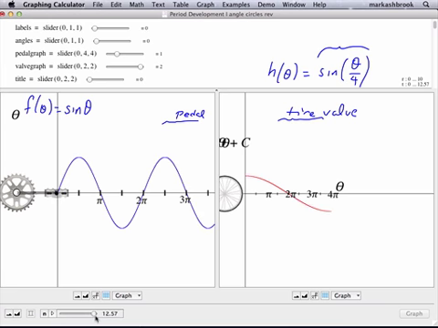So here I'm showing 2 rotations of theta only gets us half of the period of h. So we would need 4 rotations, or 8 pi, to get 1 period, 1 rotation of h. Make sense? So if the angle's spinning 1/4 as fast, the period is, therefore, what? 4 times as long.